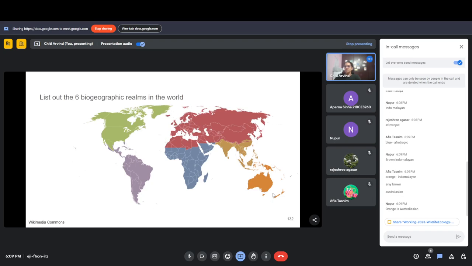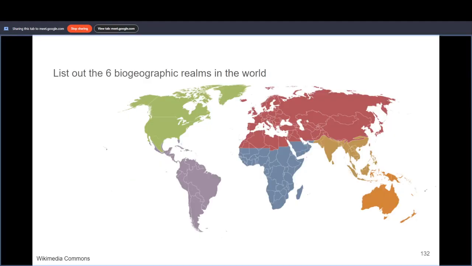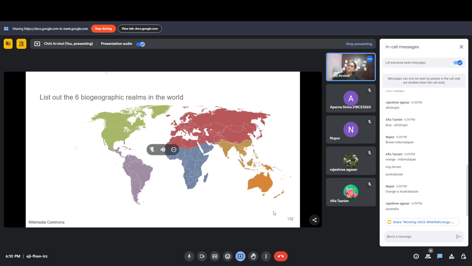Then what about the purple color, which is South American? This one, which is covering South America? Neotropical, okay.